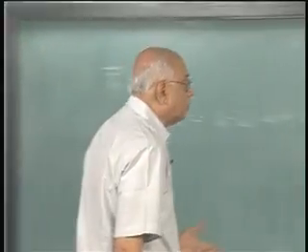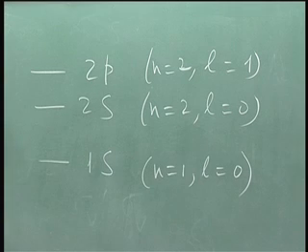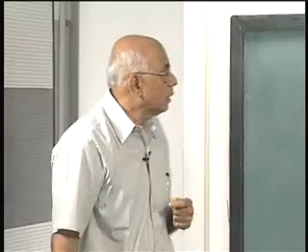The effective split is extremely small compared to the actual energy value of either the 2s or the 2p state. There is a small splitting, but as you go up in the periodic table and as the atomic number increases, as the z value of the nucleus increases, it turns out that the spin orbit coupling becomes more and more prominent, and there comes a stage when it is quite significant.